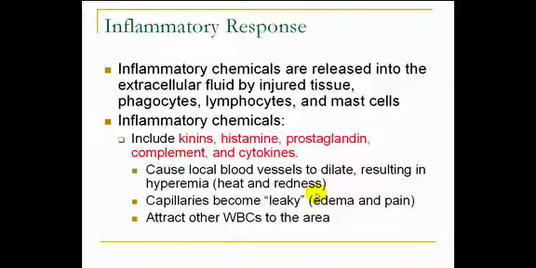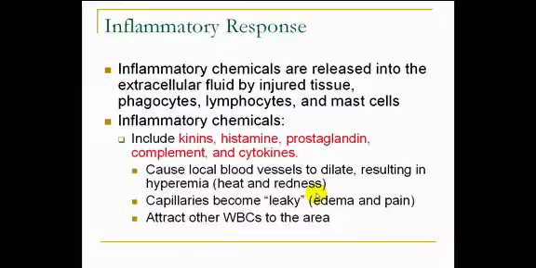So the phagocyte engulfs the pathogen and then also releases chemicals that trigger inflammation. These chemicals are released into the interstitial fluid by the injured tissue, a phagocyte, a lymphocyte, or a mast cell. There are tons of these inflammatory chemicals, and you have a table in your textbook that lists even more than I have listed here.